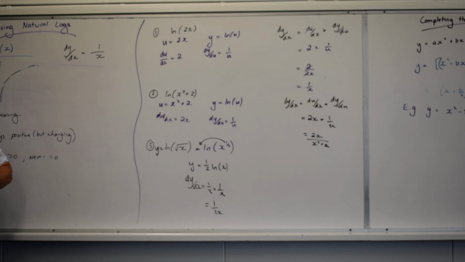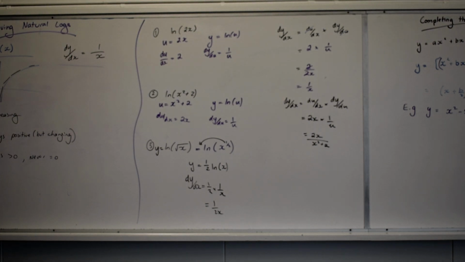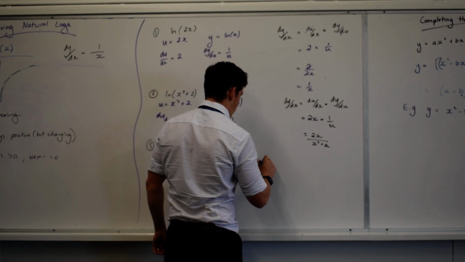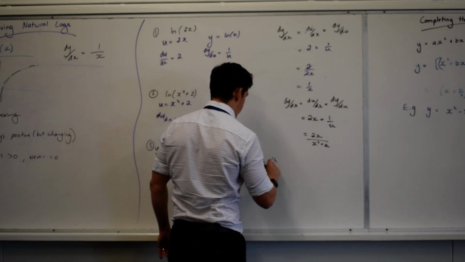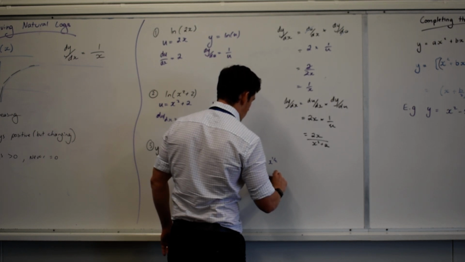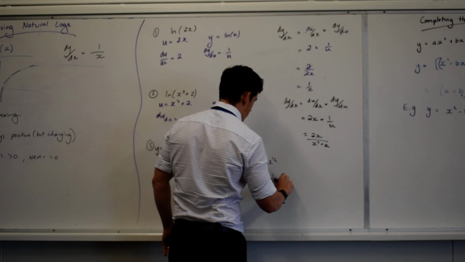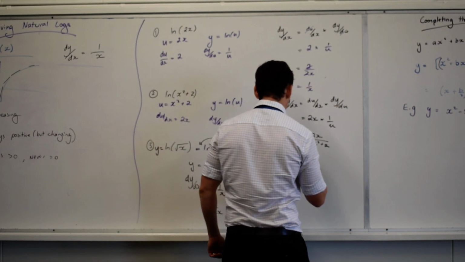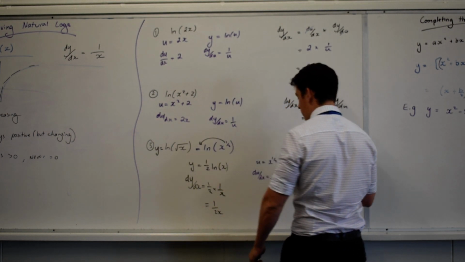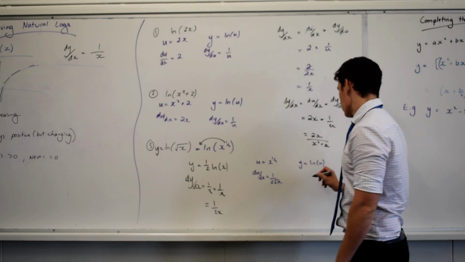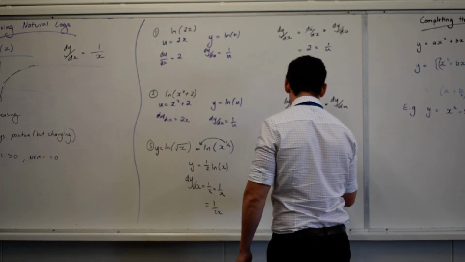Now if I was to use the chain rule, I'd get the same answer, it would just be a little bit longer. u would equal x to the power of a half, du dx would equal 1 on 2 square root x, y would equal ln u, correct? dy du is 1 on u.